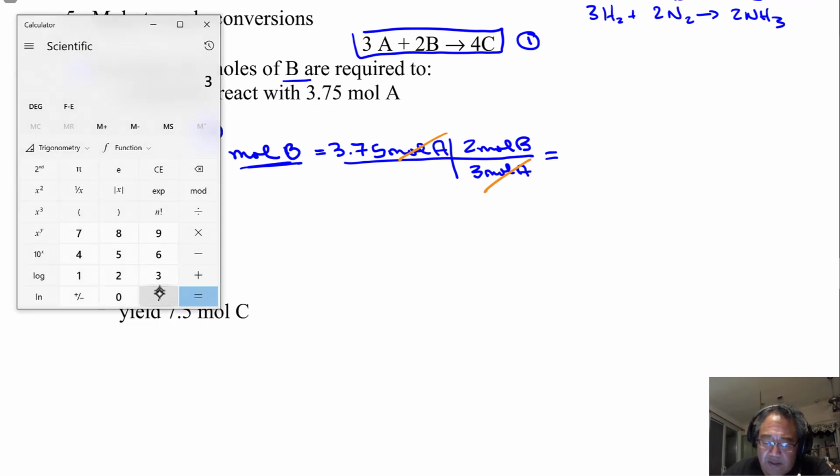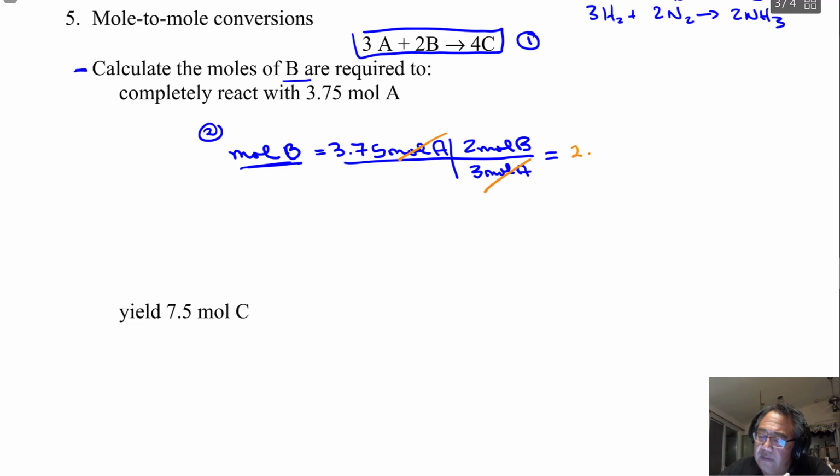So 3.75 times 2 divided by 3 gives me 2.5. Let me do it in blue. And if I'm following sig figs, it's 2.50, because there's 3 sig figs here, moles of B, the unit I'm left over with. Okay?